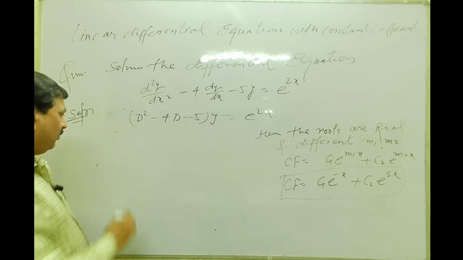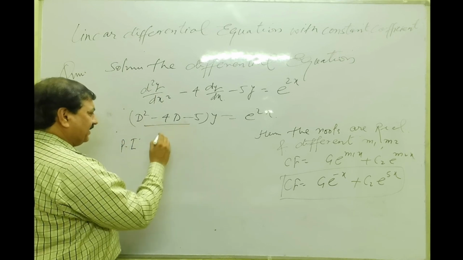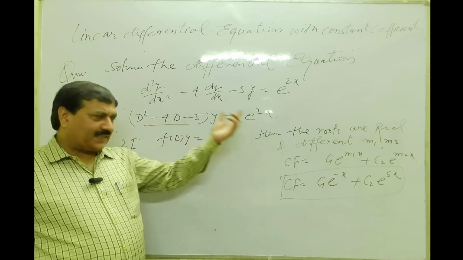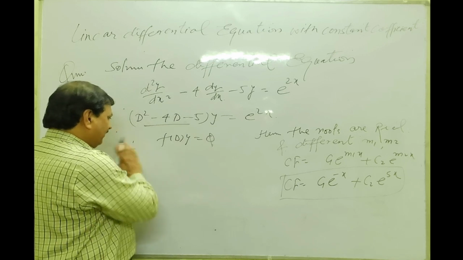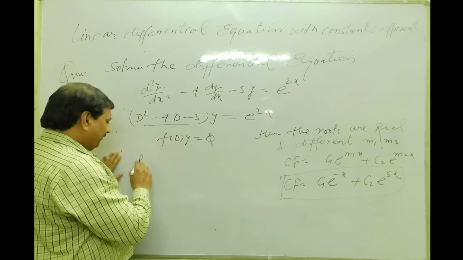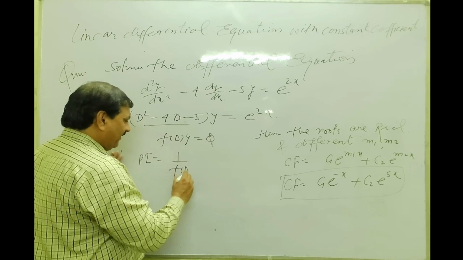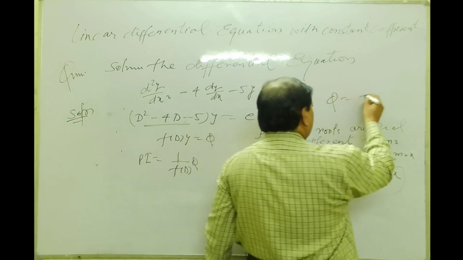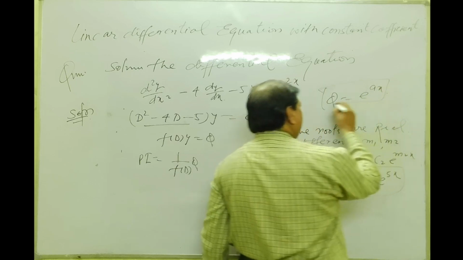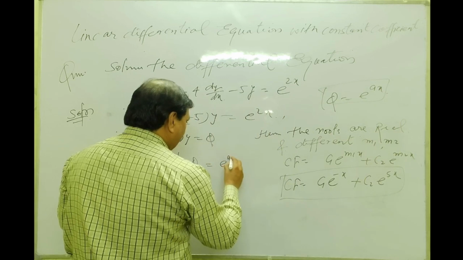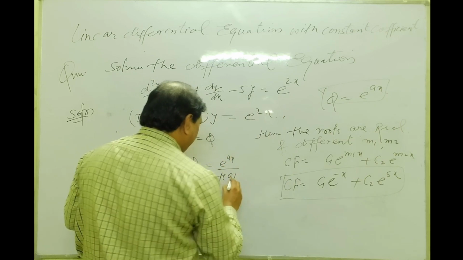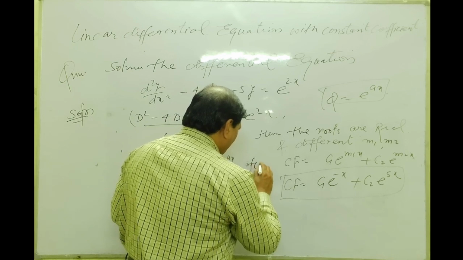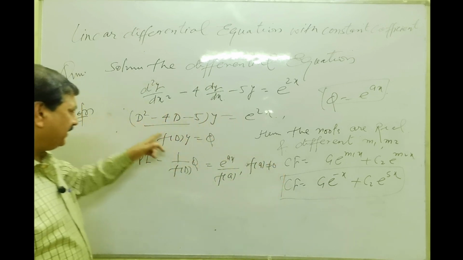For the particular integral, the given differential equation can be written as f(D)y = Q. In the case of exponential form, the particular integral is PI = (1/f(D)) Q. Suppose Q = e^(ax). Then PI = e^(ax)/f(a), putting D = a, the coefficient of x, provided f(a) is not equal to 0. Apply this condition here.